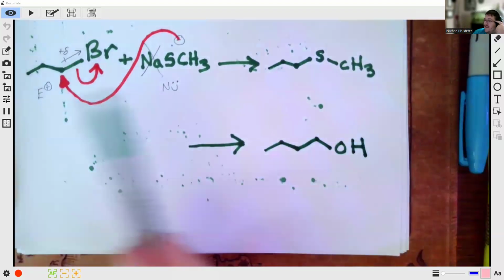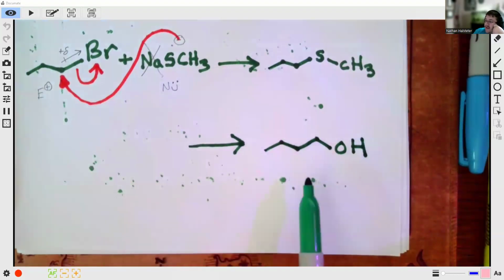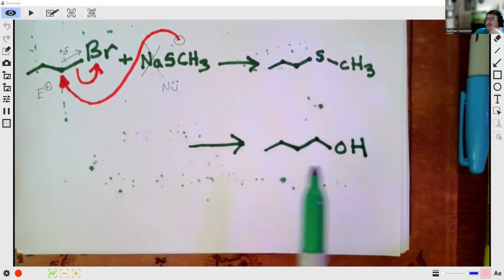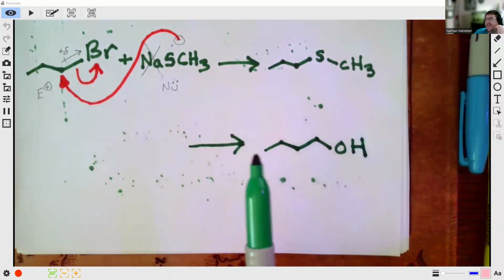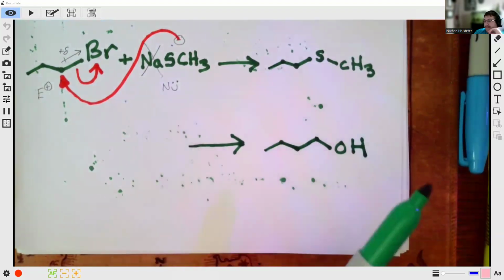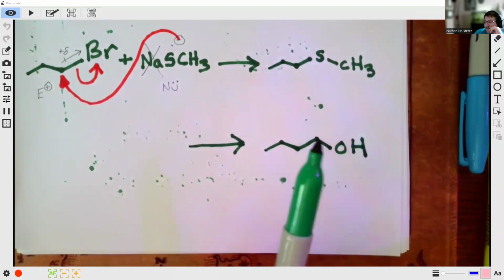What 2 things on this side would react to give me this? Pause and give it a try. This is the first time we've looked at something like this, so if you don't want to give it a try, you should. But let's see how we would approach it.